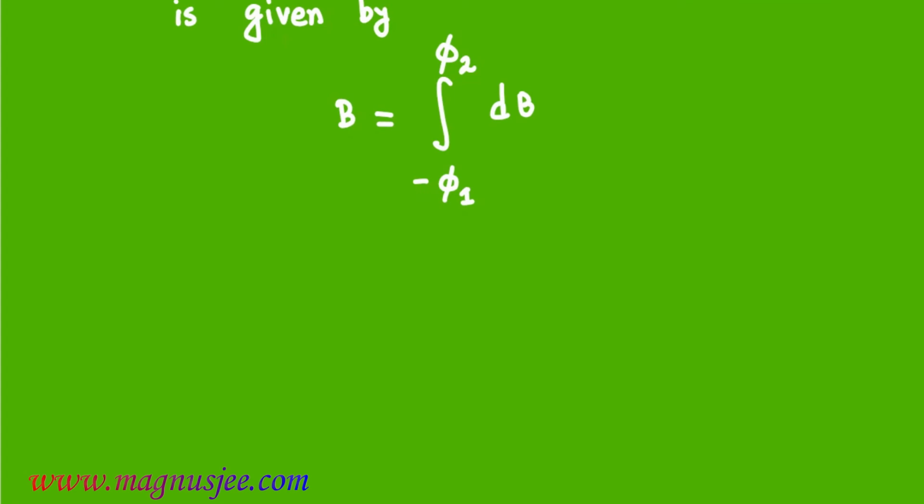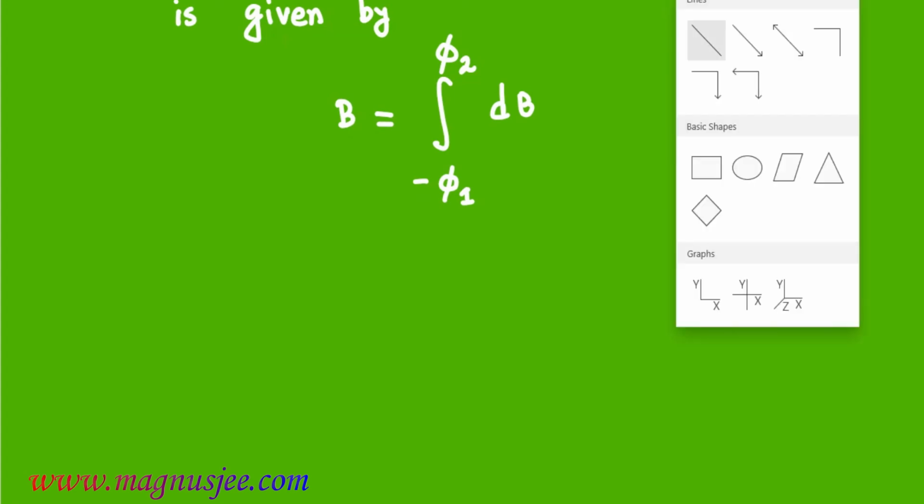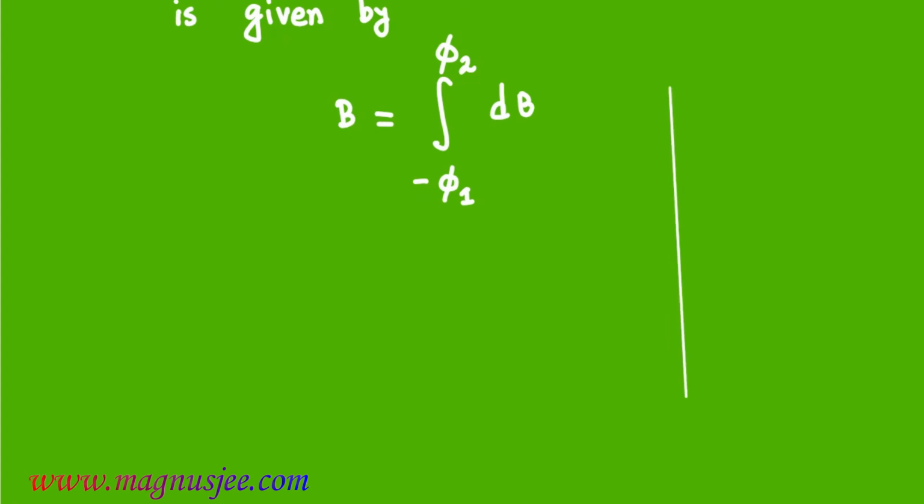Now we can draw the diagram again to explain the direction of φ1 and φ2. This is the straight conductor XY carrying current I. P is the point at a perpendicular distance A from the straight conductor XY.